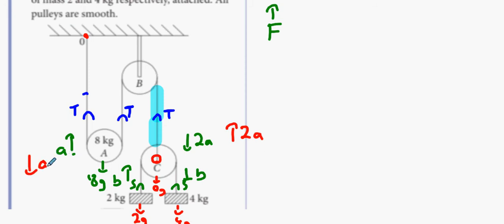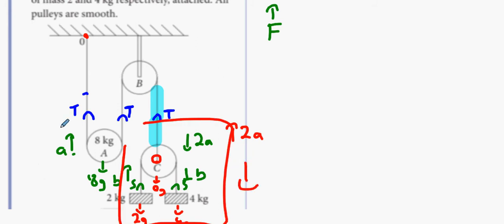So it's not a big deal. Choose a system and stick with it. If you chose A going downwards and C going upwards at 2a, you'd be correct, provided you're consistent in your equations. I'm just going to have this whole system going downwards, this one going upwards. All right?